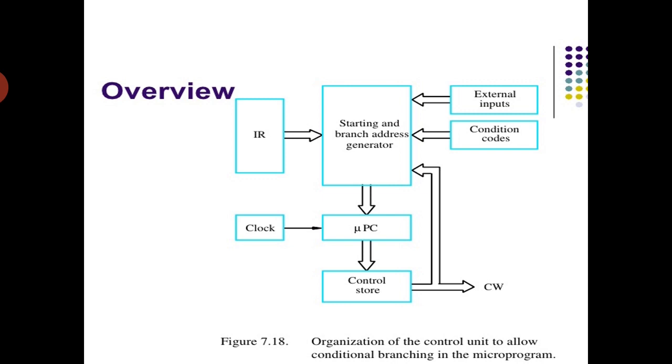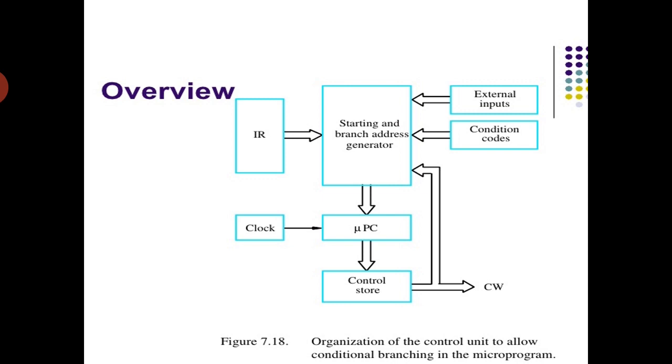The first one is whenever a new instruction is loaded into the instruction register, the microprogram counter is loaded with the starting address of the micro routine for that instruction.